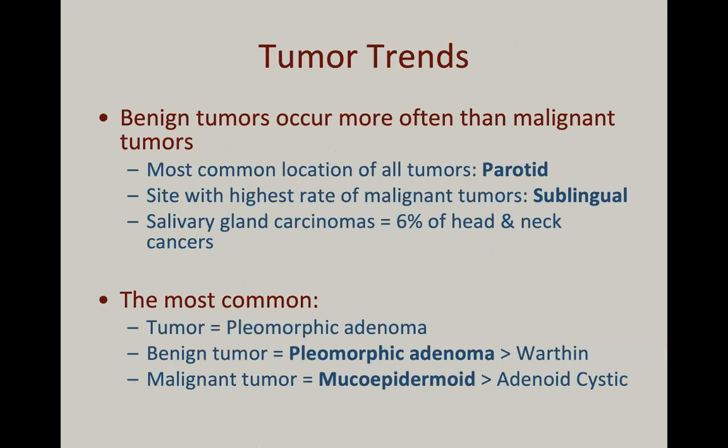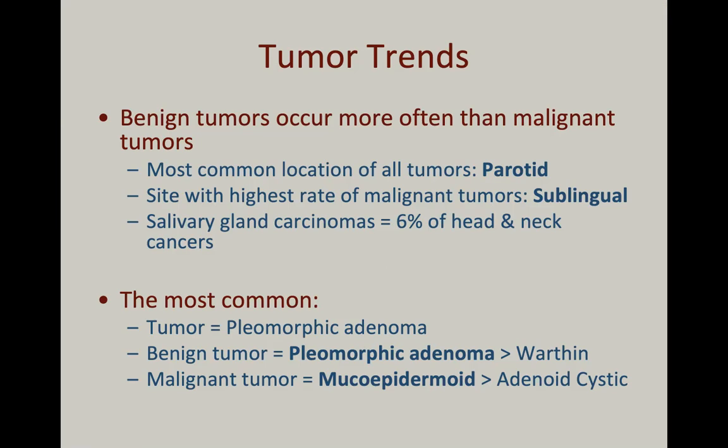So moving into what we currently know about tumors, their behavior, their morphology, their genetics, et cetera. In the salivary glands, benign tumors are much more frequent than malignant ones. And most commonly, we're going to be dealing with pleomorphic adenomas of the parotid. So if you think about a salivary gland tumor, that's the prototype.